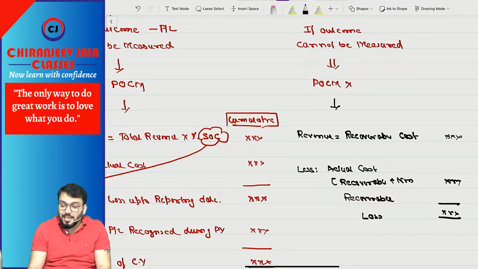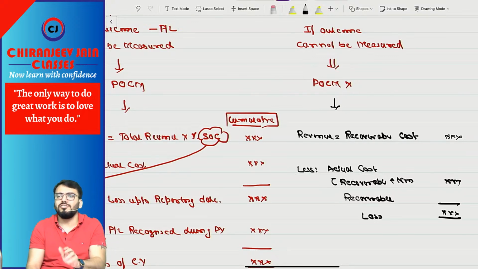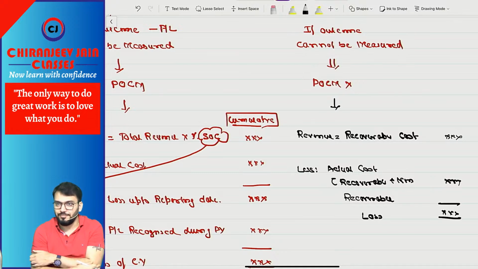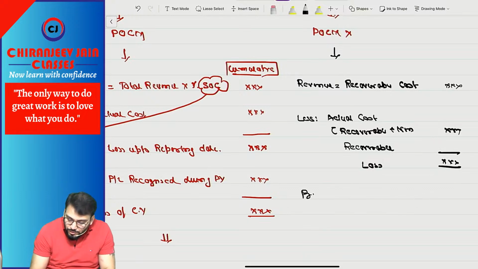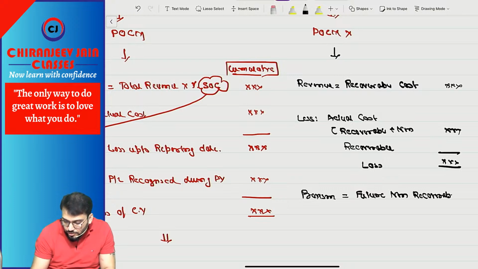There can be a loss. Whenever the outcome cannot be measured, we become a little conservative. We don't recognize profit, we recognize only loss. And therefore revenue should be recognized to the extent of costs incurred which are recoverable. Understood? Correct. And we should create a provision for future non-recoverable cost.